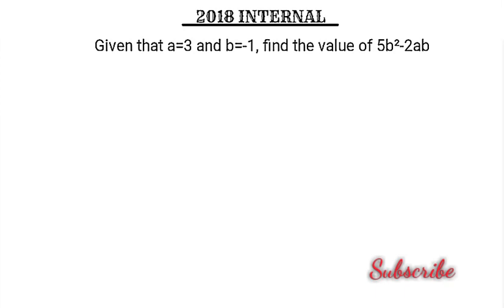Okay, so what I'm going to do is rewrite this expression here and then give you time, viewers, to find the value of this expression. So pause this video, find the value of this expression and then write the answer in the comment section.